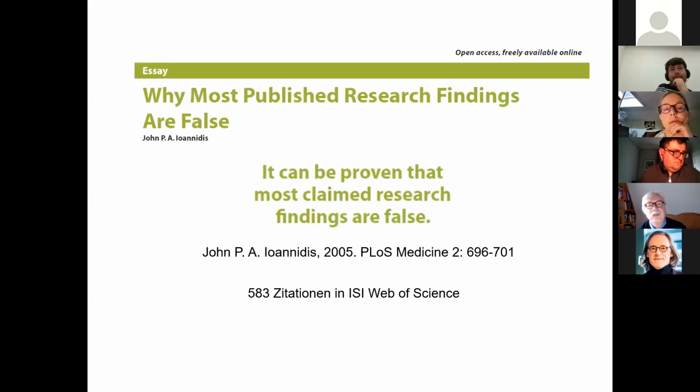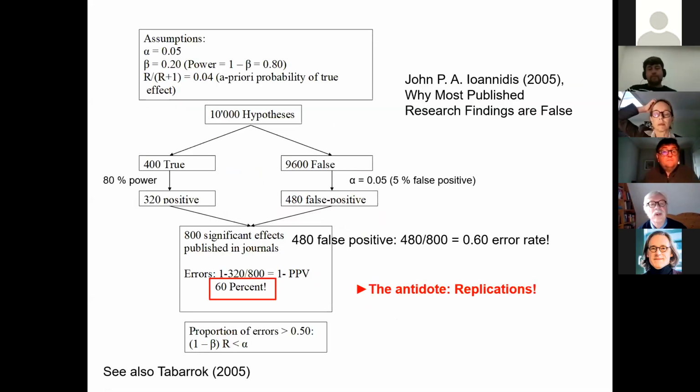And now there is this paper, which many of you know, a very interesting paper based on Bayesian reasoning. I want to give you the argument in a nutshell, the key argument in one graph. We assume conventional statistical tests, alpha 5%, power 80%, beta error of 20%.